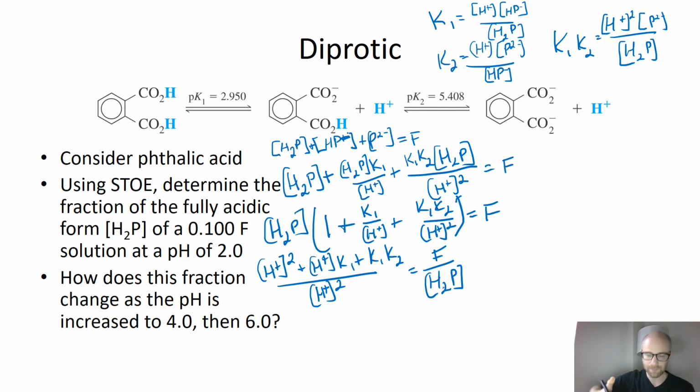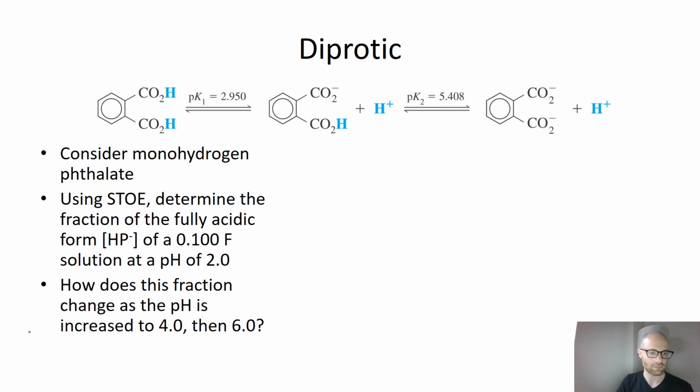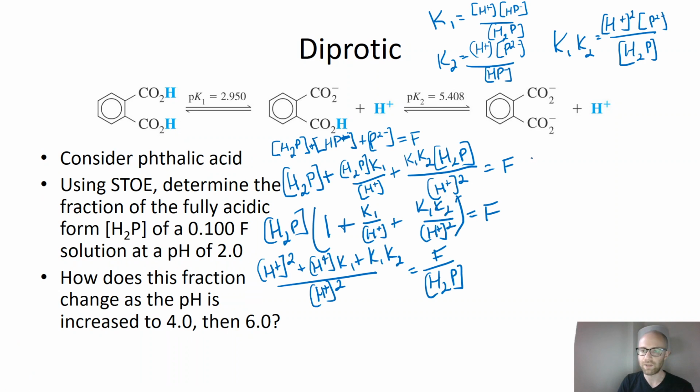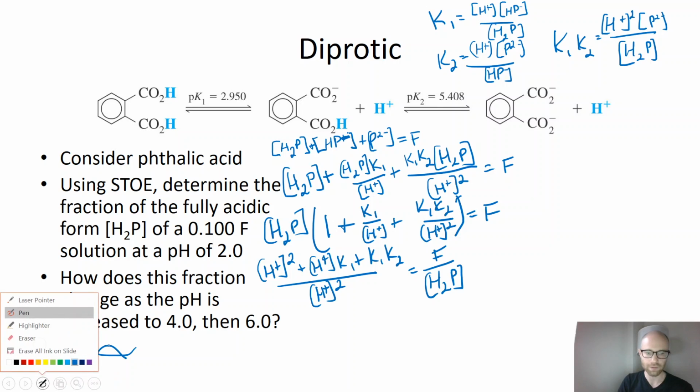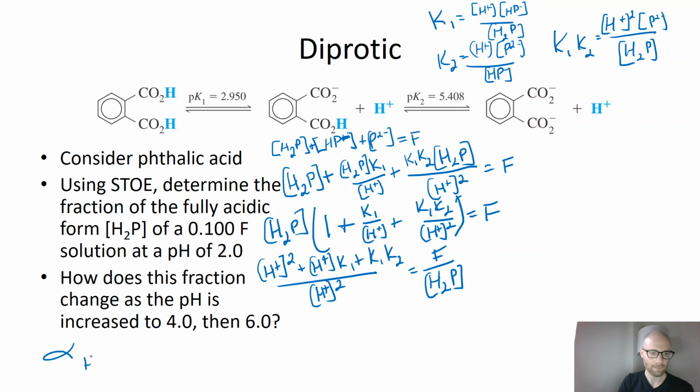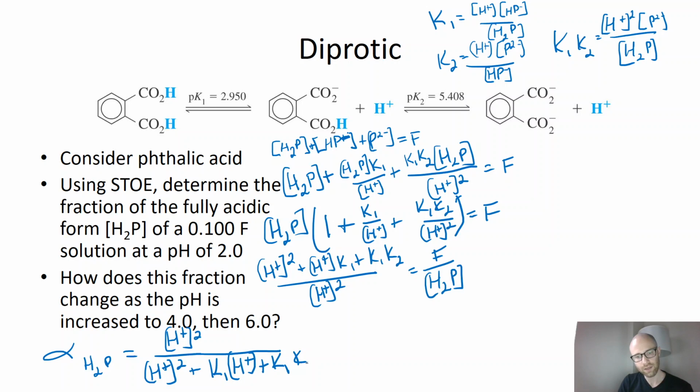We just need to flip it, and we get an awful looking alpha. What we get is H plus squared over H plus squared plus K1 H plus K1 K2.